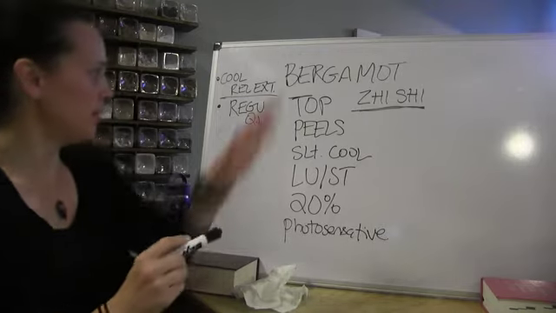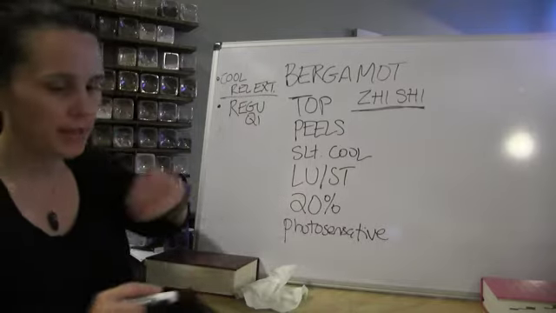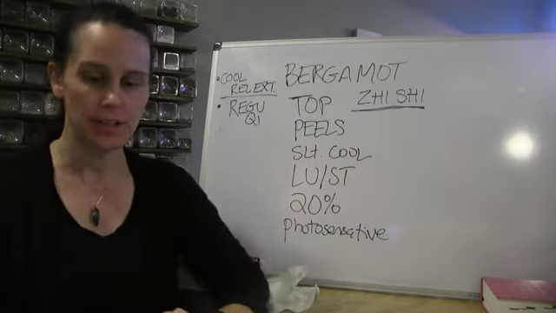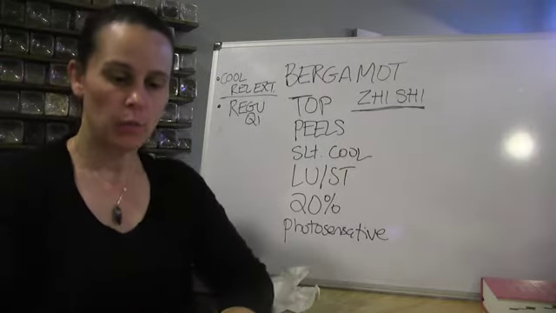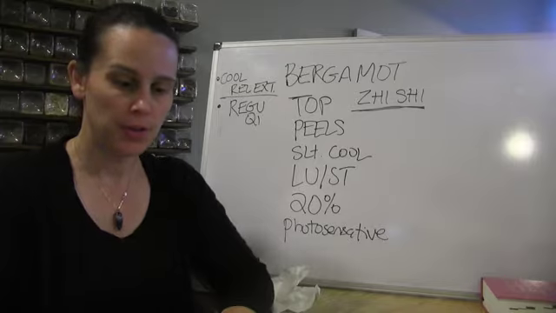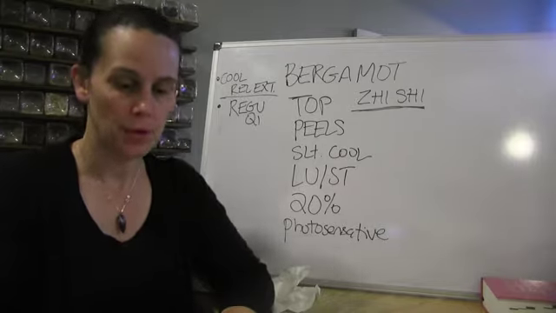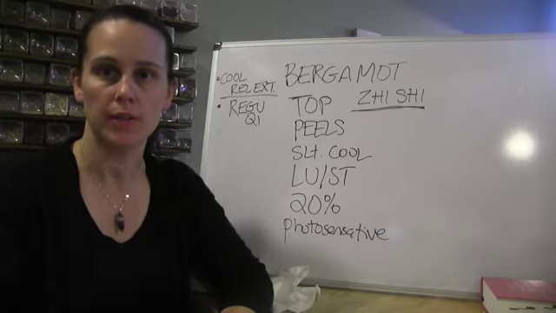Okay, so up here we've got the main functions, the categories, and the info, and now we'll go over the functions. Stimulates Wei Qi for oral and urogenital infections due to exterior or interior heat.